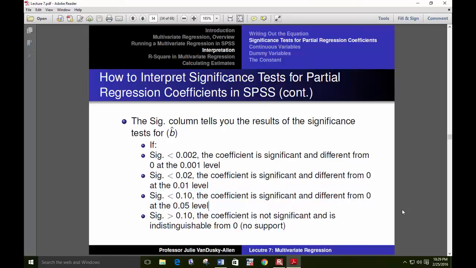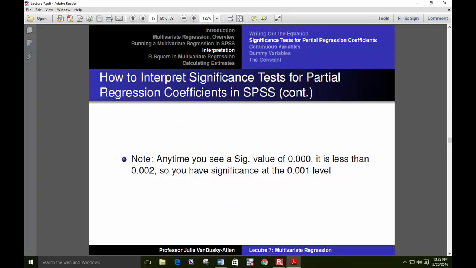Now moving on, let's say your sig value was greater than 0.10. That means your coefficient is not significant and is indistinguishable from 0. You do not have support for your hypothesis. An important note before I move on, anytime you see a sig value of 0.000, that is less than 0.002, so you have significance at the 0.001 level.